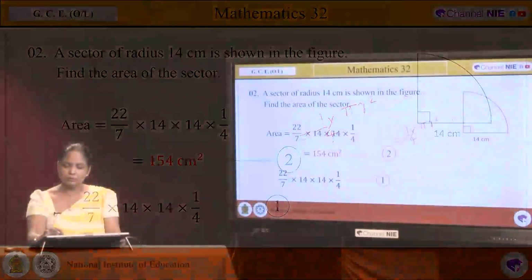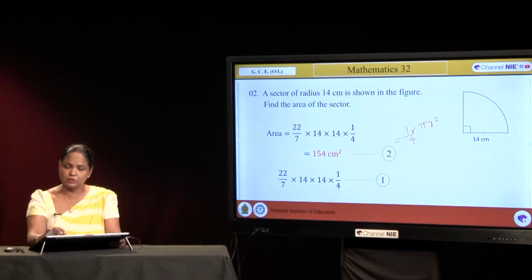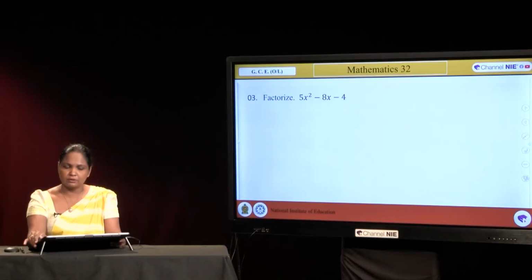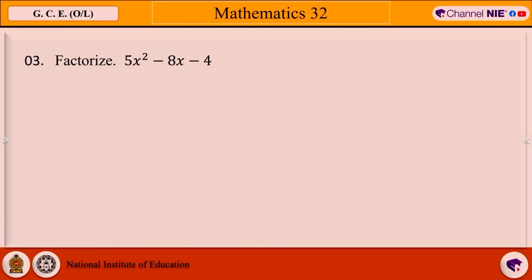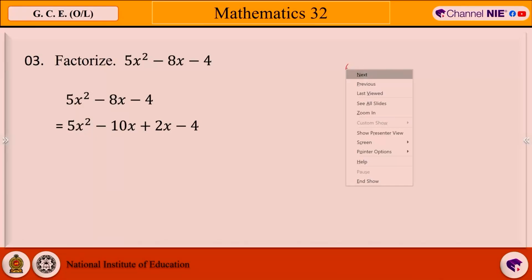Shall we move on to the third question? Yes, of course. Here you are asked to factorize the given quadratic expression 5x squared minus 8x minus 4. You can easily factorize this by breaking it into 4 terms, isn't it? You have to get the product of the square term and the constant term.